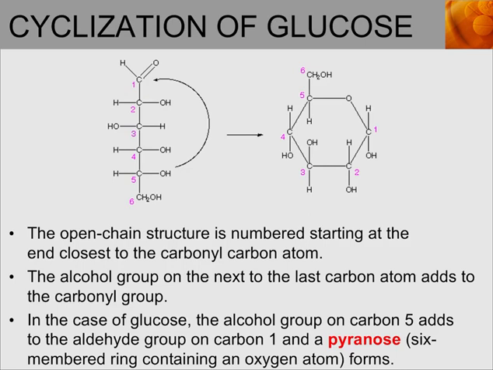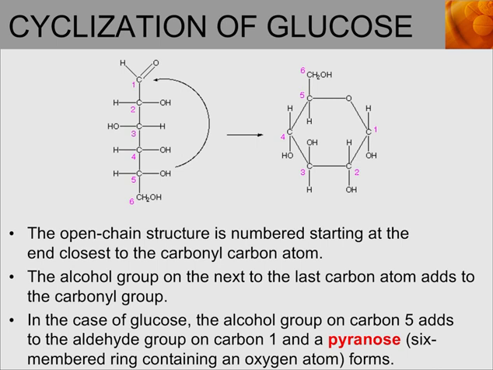So how do we go from that open chain form of the monosaccharide to the cyclic form of the monosaccharide? Well, what happens is we're going to number the carbons starting at the top and going all the way down to the bottom. So in the structure up above, this is glucose, we have 6 carbons.